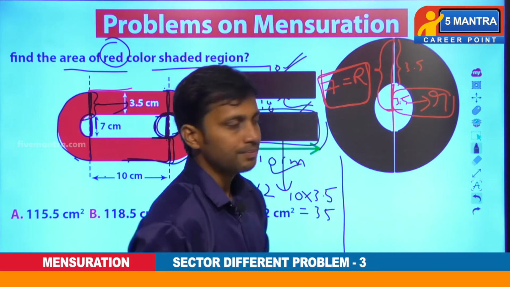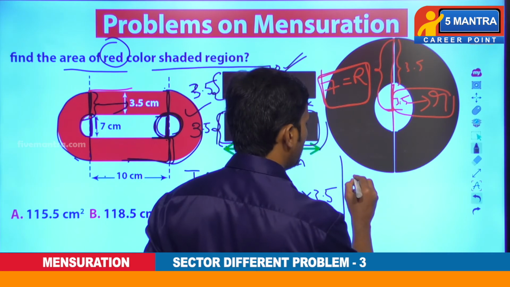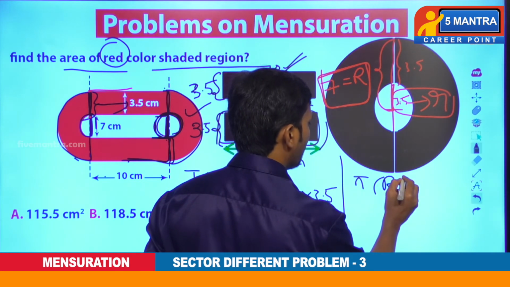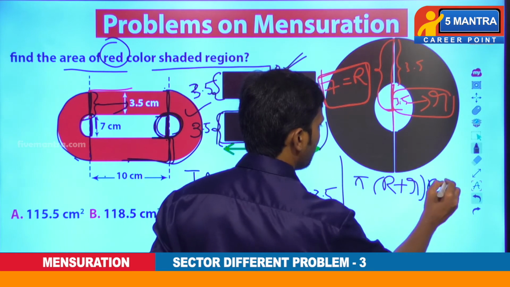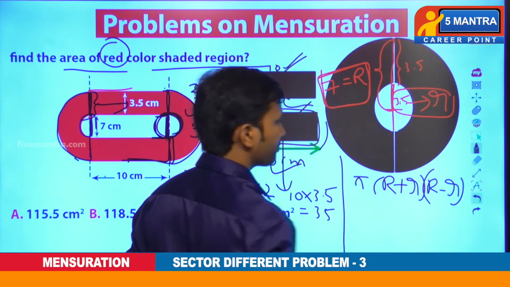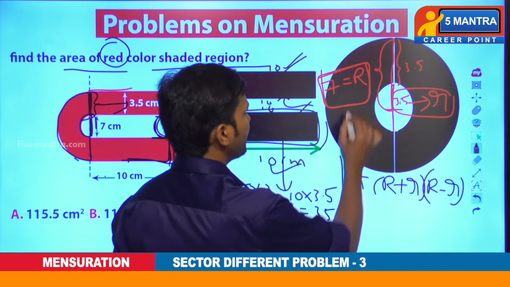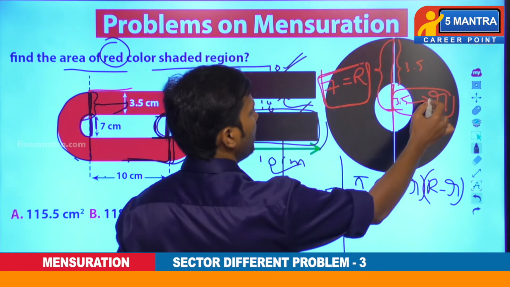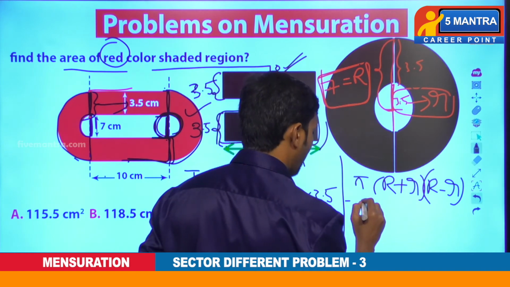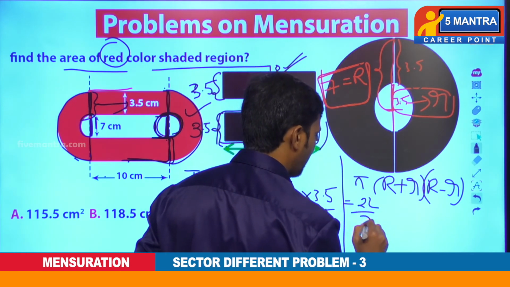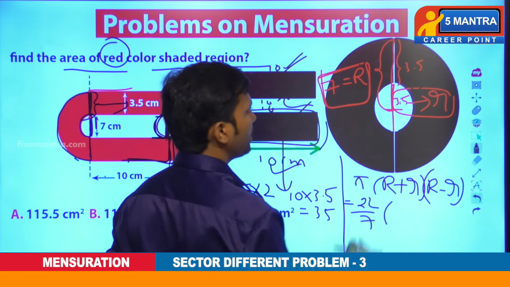As we said, the area of the circular ring is pi into capital R plus small r into capital R minus small r. As we said, the capital R value is 7 and the small r value is 3.5. Now I'll put direct values here: 22 by 7, capital R plus small r.